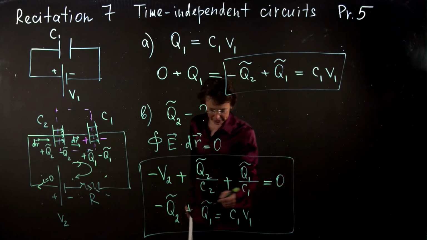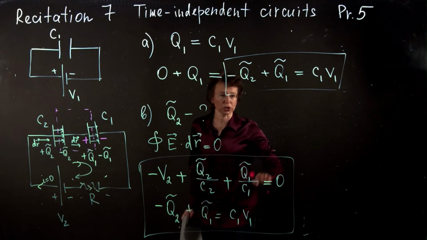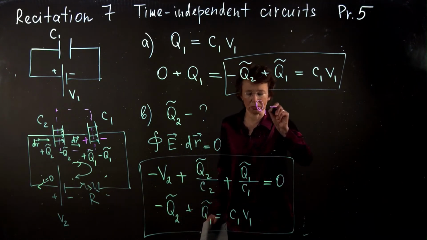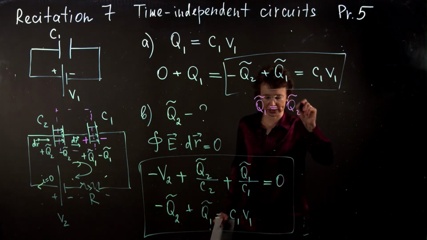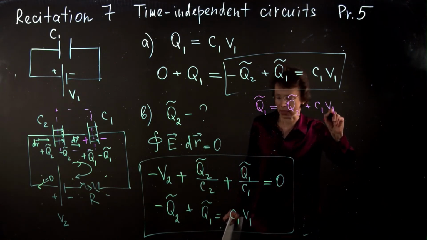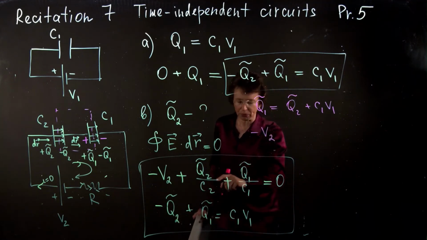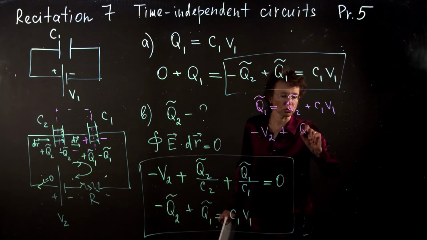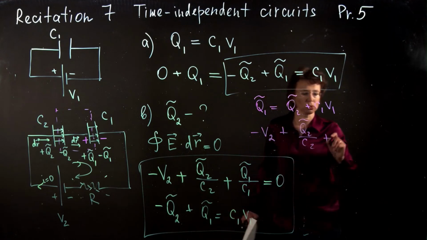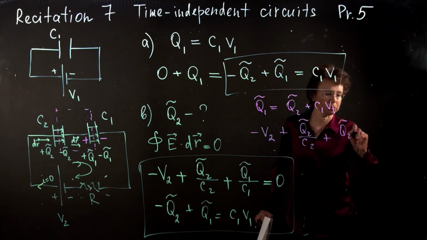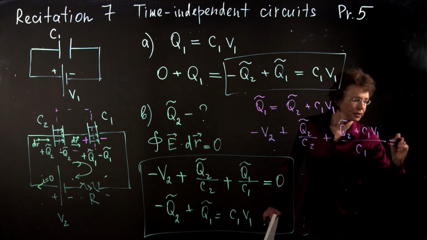Which one will we express in terms of the other? Now I will express Q1 tilde from the second equation. Q1 tilde is Q2 tilde plus C1 V1. And then I will bring it to my first equation, which will give me minus V2 plus Q2 tilde over C2 plus Q2 tilde plus C1 V1 divided by C1. And this is equal to 0.